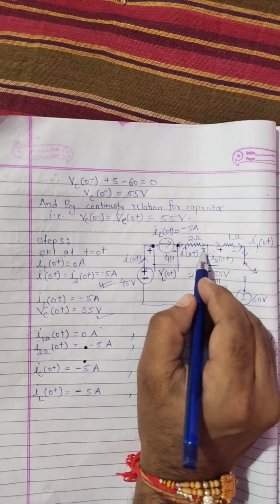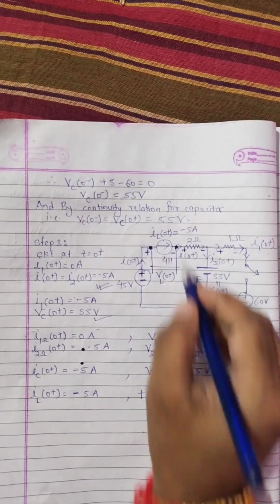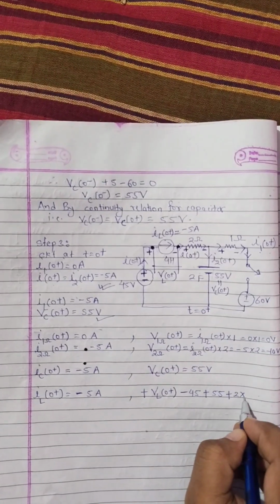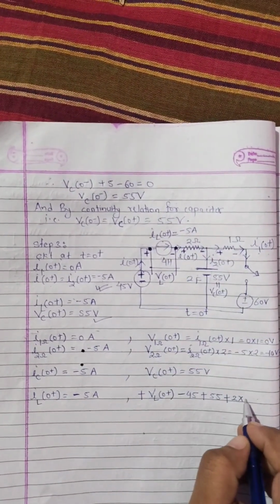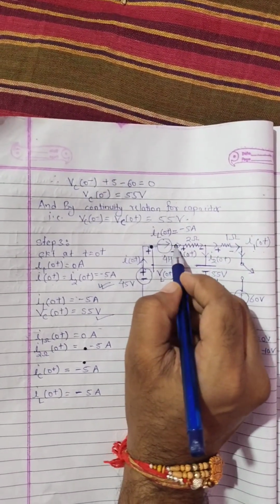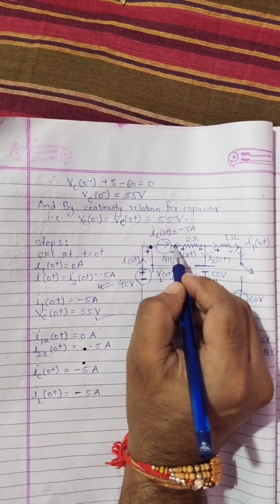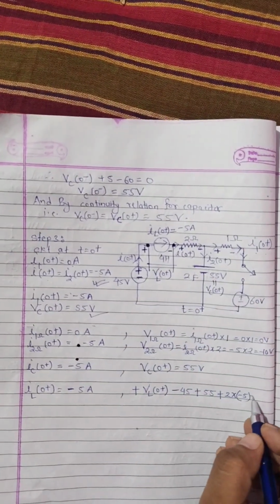And we move from minus to plus, so we take plus, and the drop in this 2 ohm is 2 into resistance into current. In this 2 ohm resistor there is a current of minus 5 ampere. Now this is the finishing point, assumed as lower potential, and the sign convention is minus.